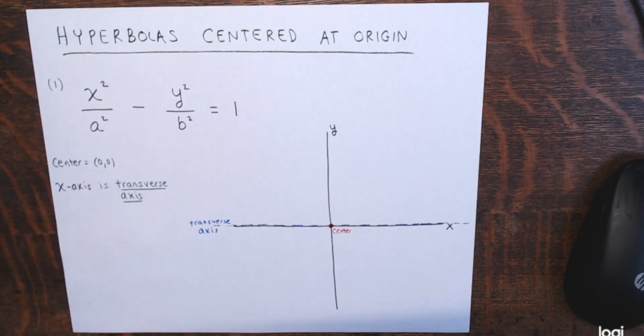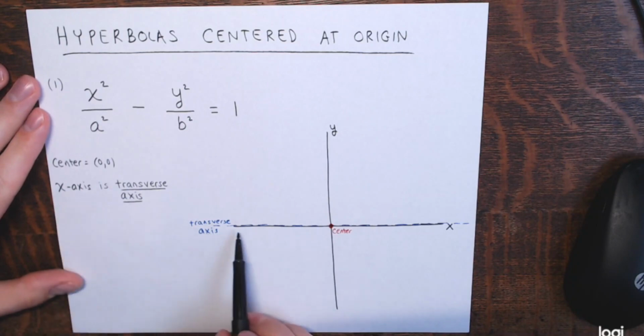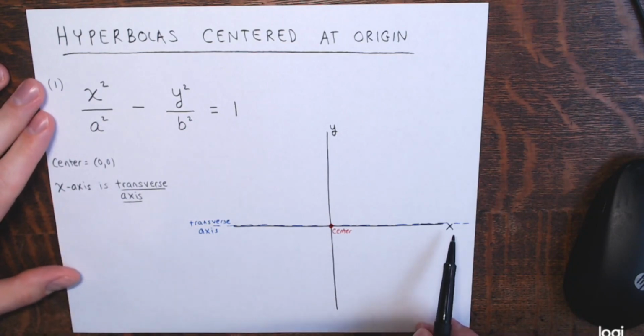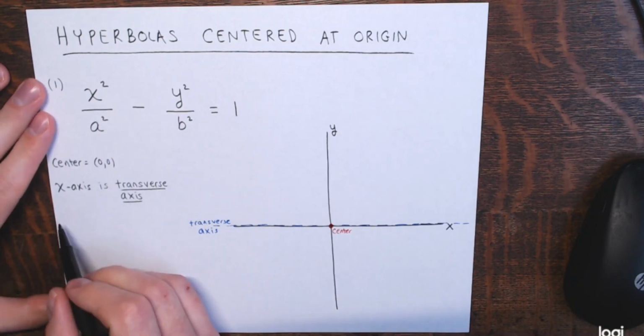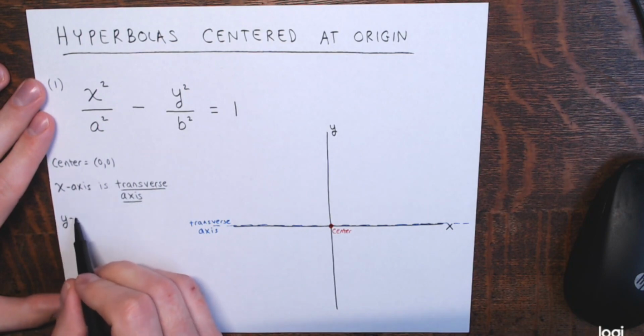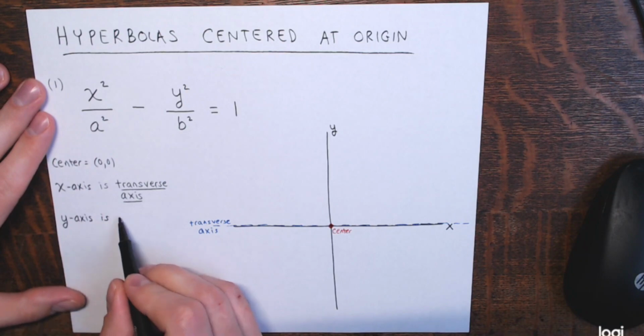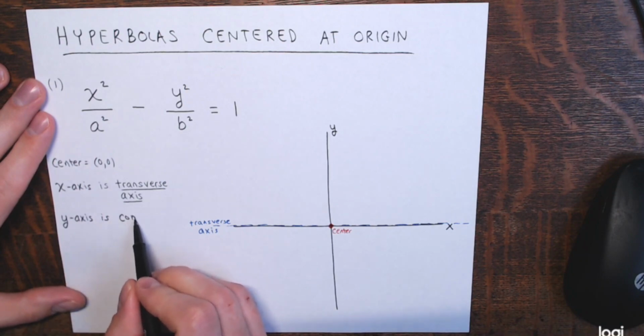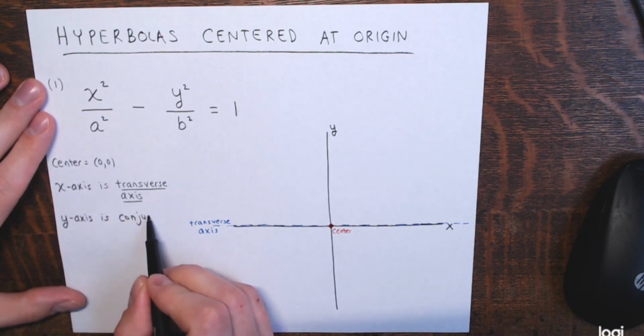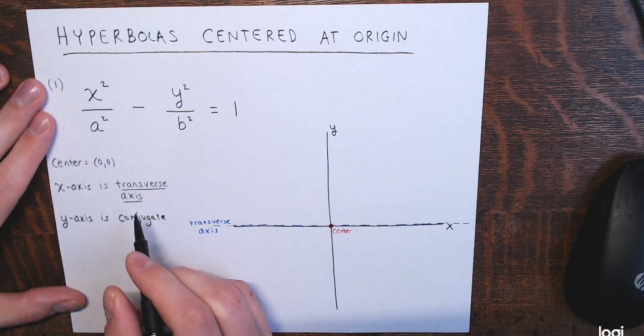And then perpendicular to that, going through the center, is called the conjugate axis, right? So if the x-axis in this case is called the transverse axis, then the y-axis in this case is what's called the conjugate axis.